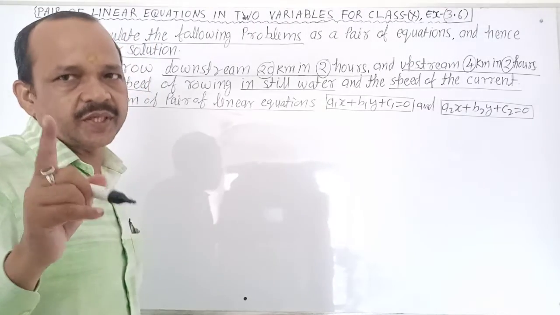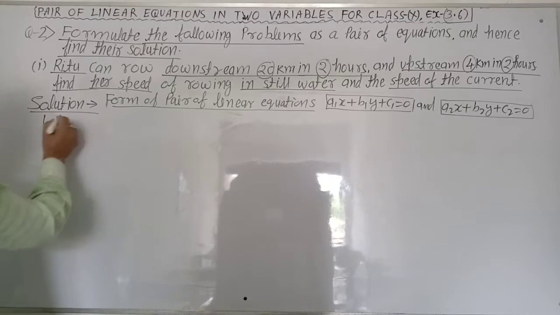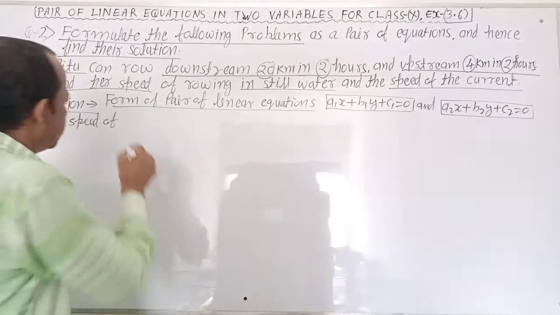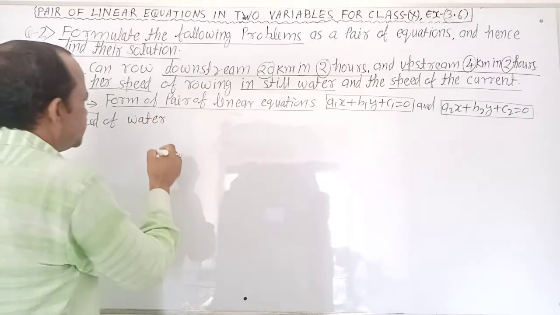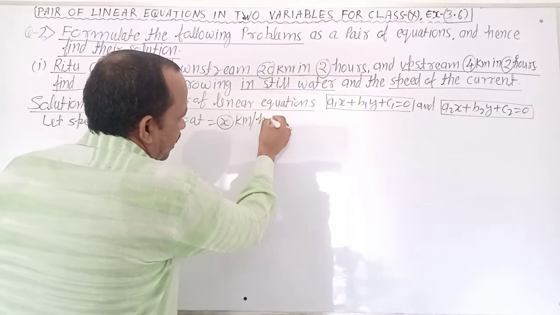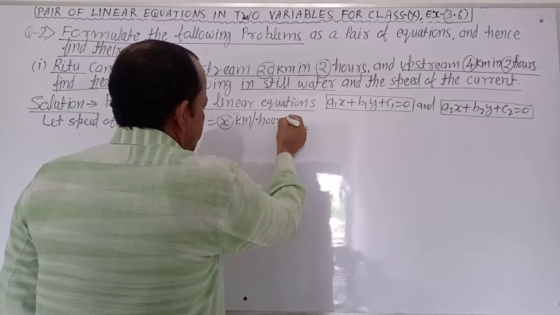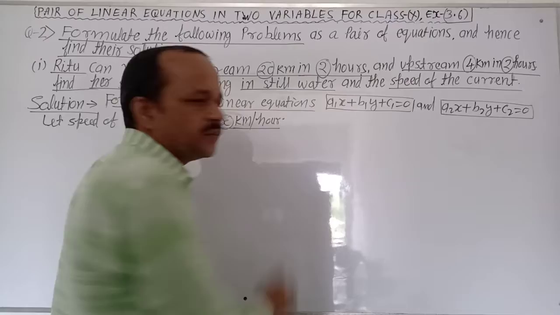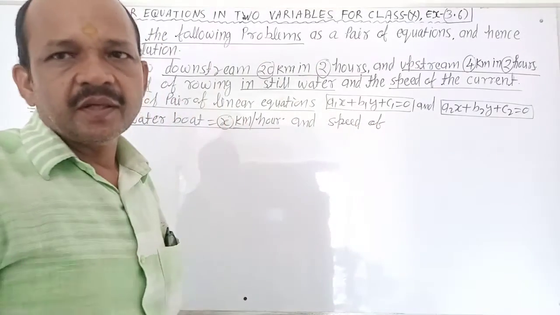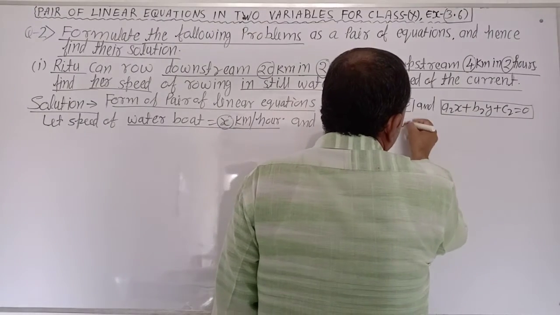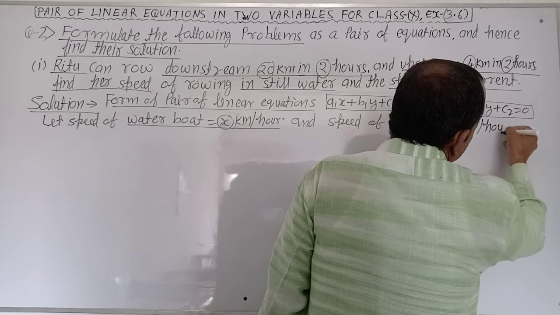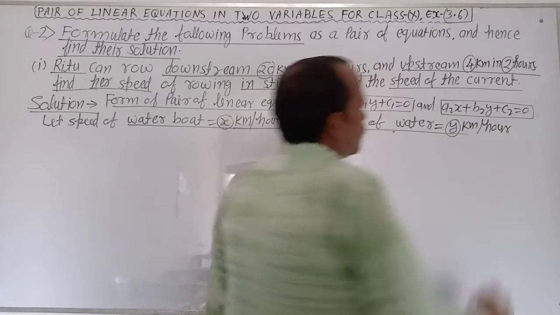According to the first situation, let speed of boat equal to x km per hour, and speed of current or water equal to y km per hour.